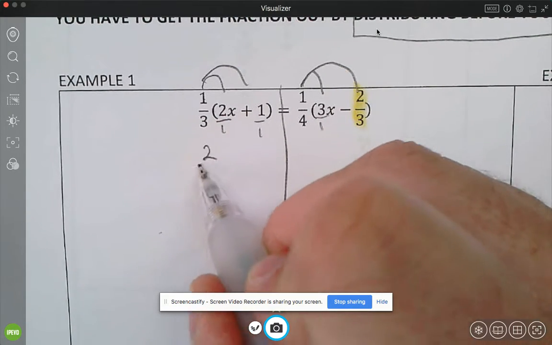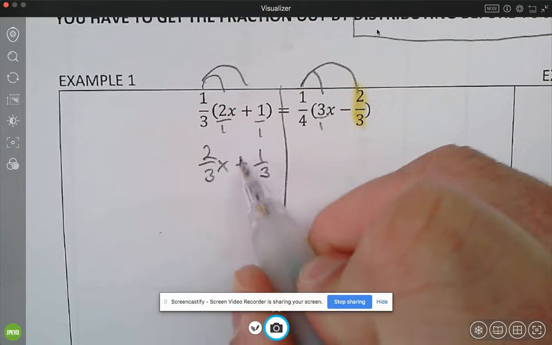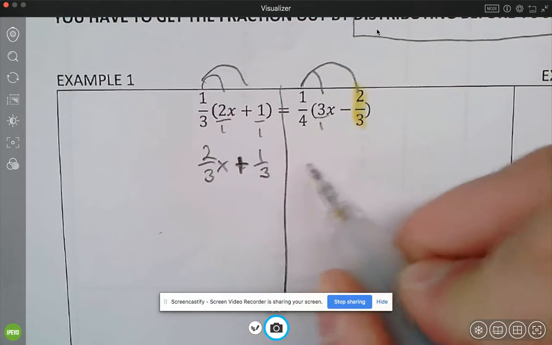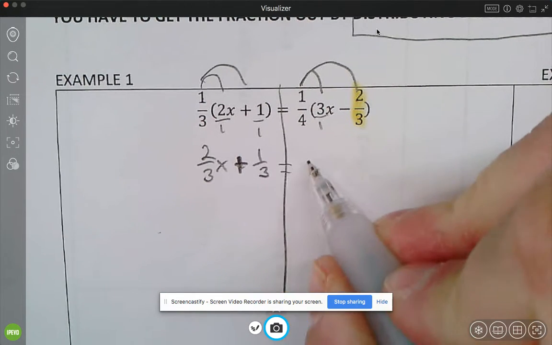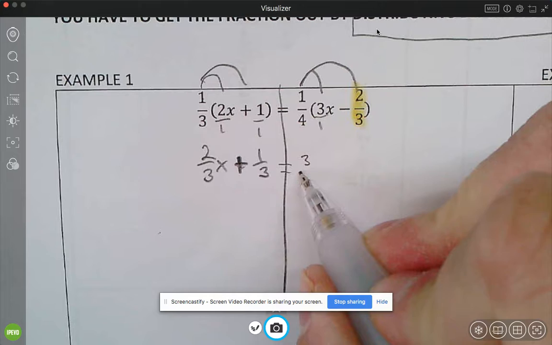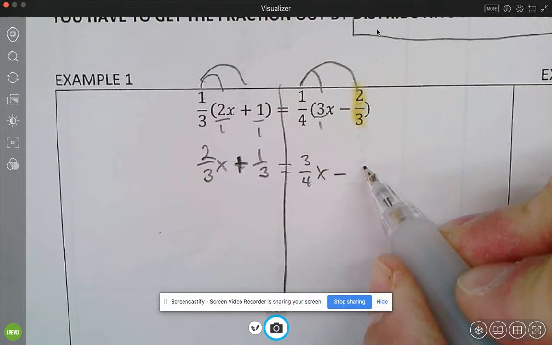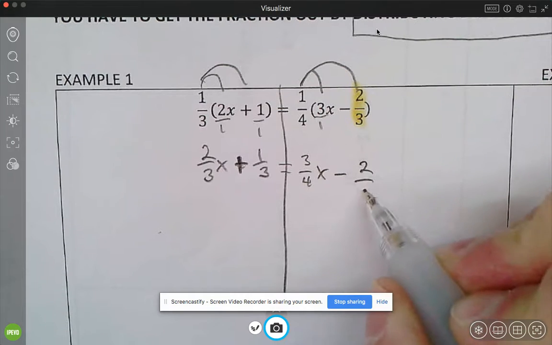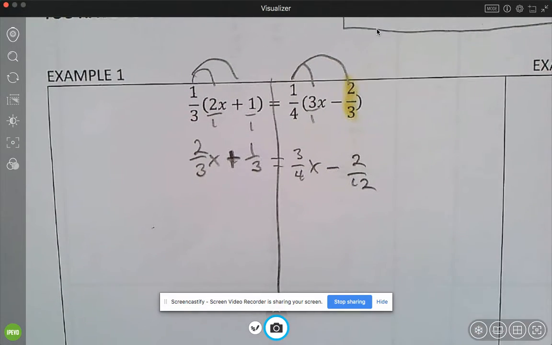Yes, you'll get 2/3 x plus 1/3. How about someone on the right side? Anybody want to tell me what this equals? 3/4 x minus 2/12.